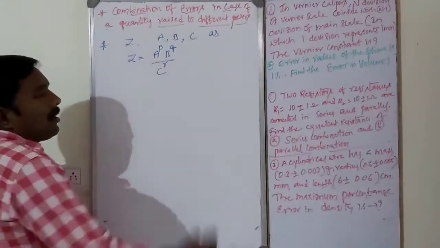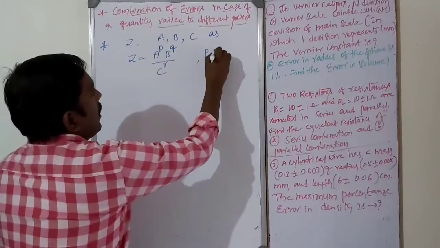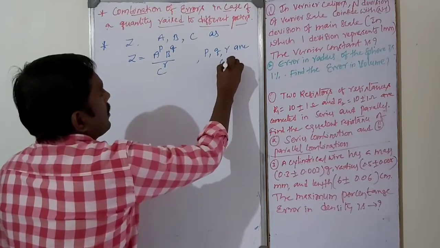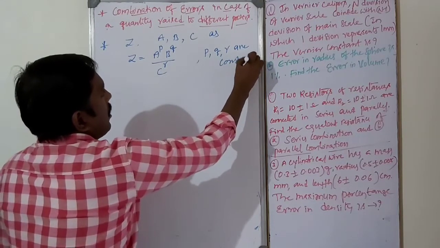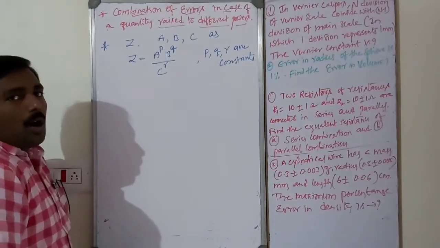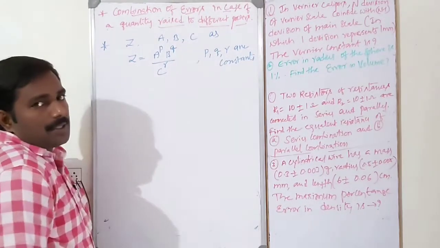P, Q, R are constants. See, dear students, P, Q, R are constants. Okay. So, how to calculate the percentage error in this case?